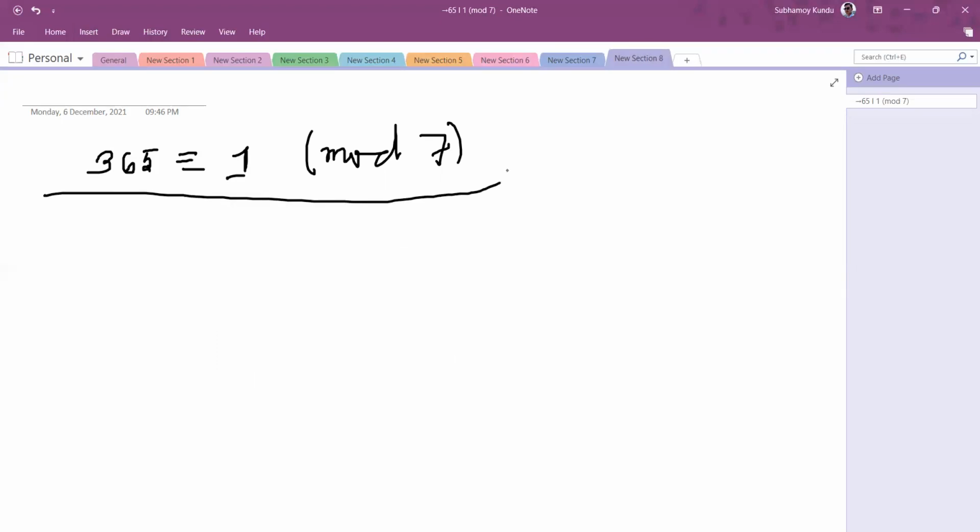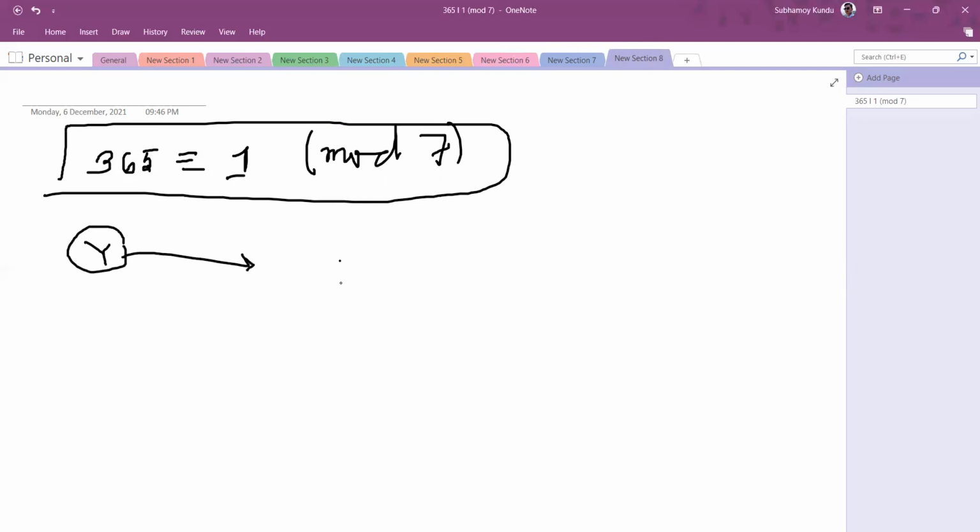So now, for a year Y, if we know the first of March, the day of the first of March could be Sunday, Monday, Tuesday, Wednesday; it would be a number from 0 to 6.